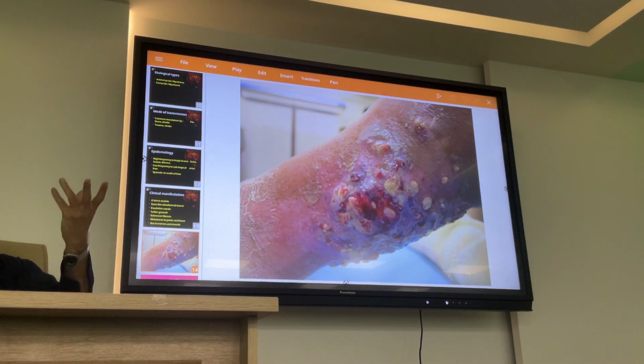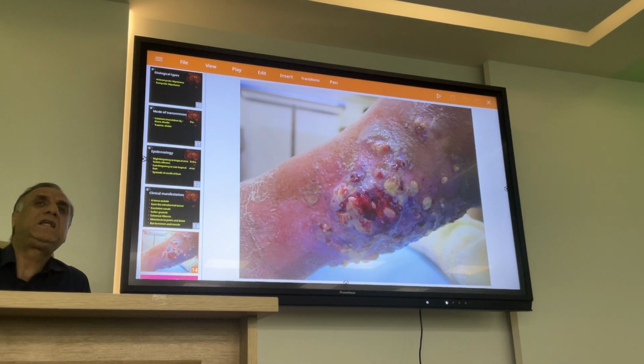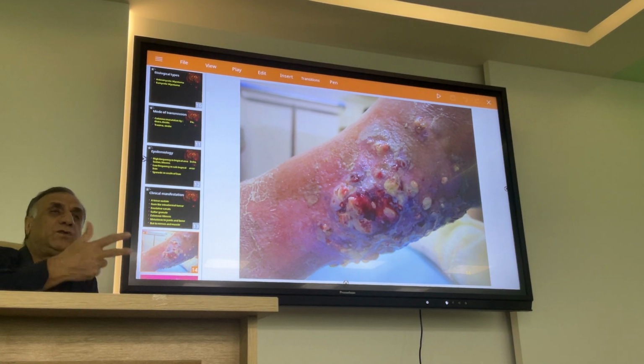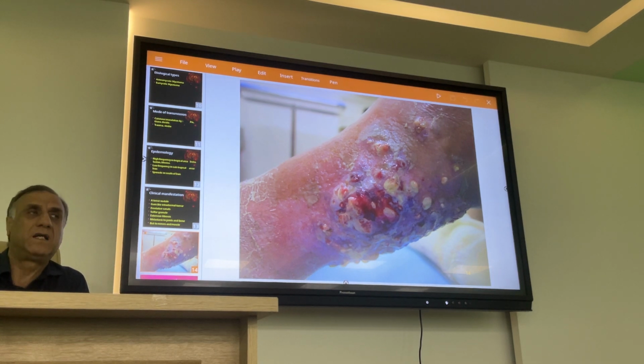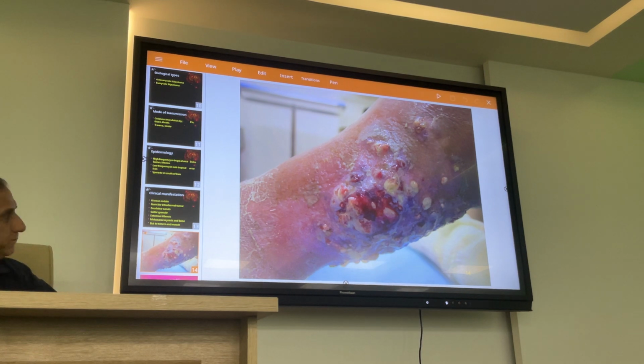But second, it spreads and leads to multiple abscesses. Multiple abscesses are a good clinical sign to suspect this infection.